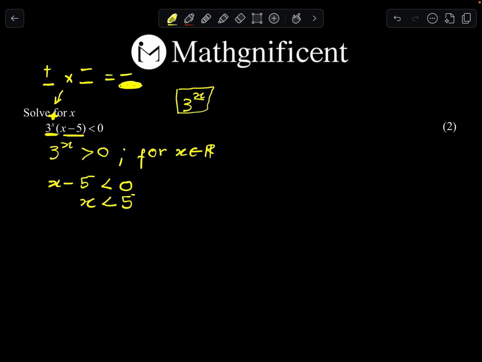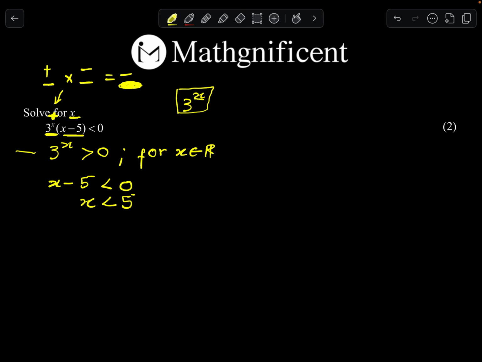When the value of x is lesser than 5, this part is going to be negative. So if we multiply these two entities and get a negative, the value of x should be lesser than 5.